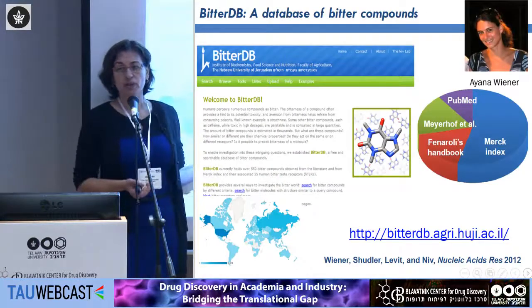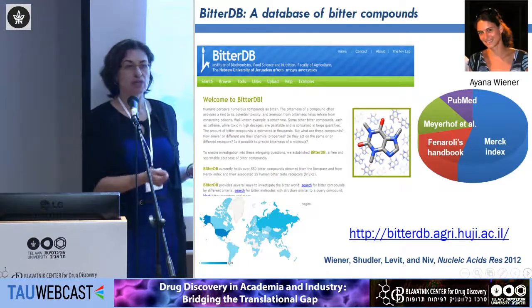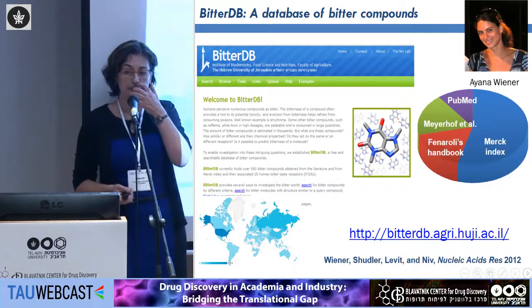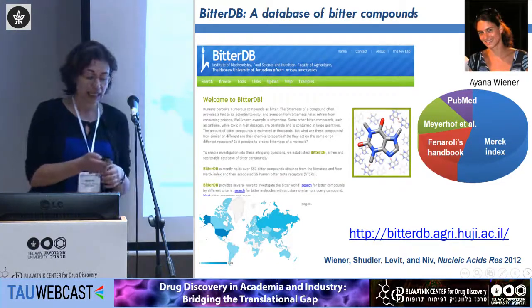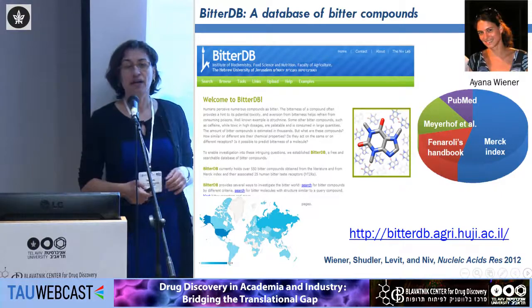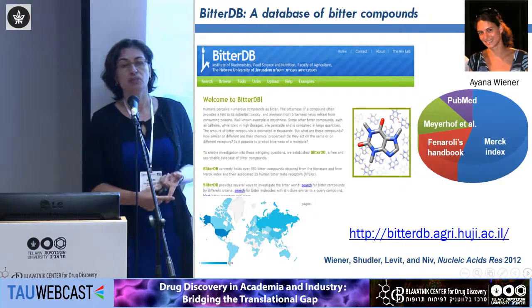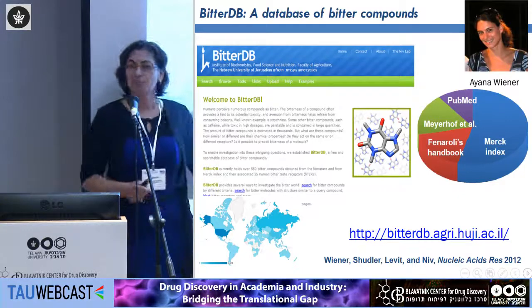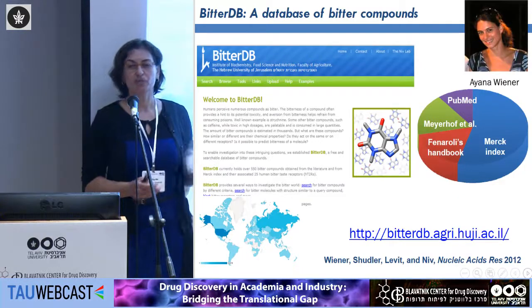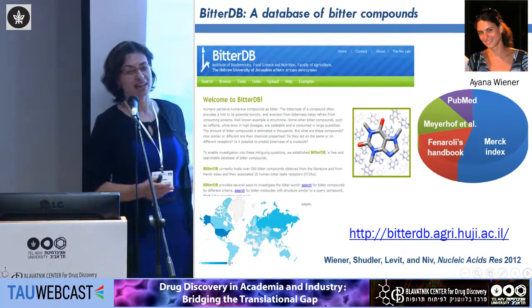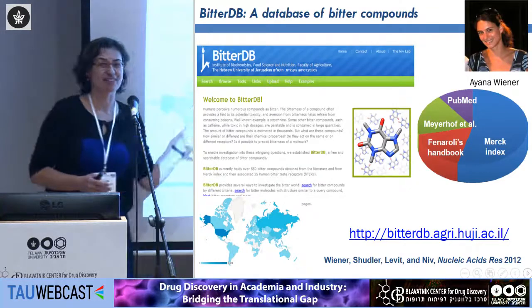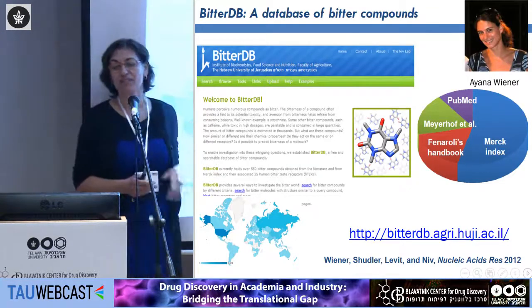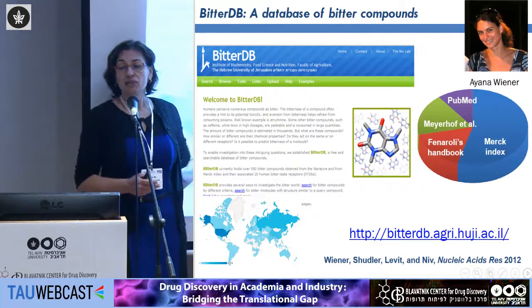When we started to work on this, we wanted to know which compounds actually have a bitter taste. Inbal in my lab has established the BitterDB, a database of compounds that were either mentioned to be bitter in the Merck Index, because people back then, not any longer, used to taste what they had synthesized, so there are still records in the Merck Index about the taste of molecules, or in Fenaroli's Handbook of Flavors.